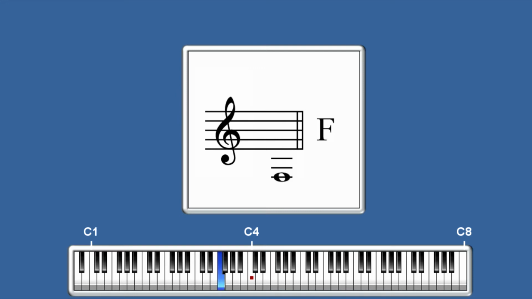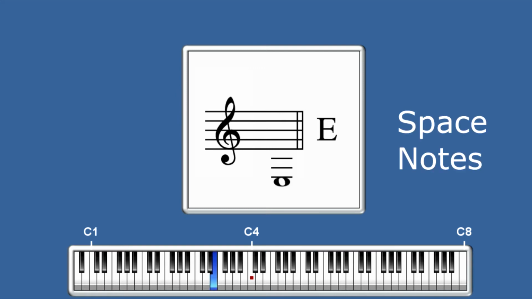So again, F, A, that's F3, A3, C4, E4, going up into the staff area. And then the notes in the spaces, E, G, B, then D, and then if you wanted to add F, you could do that as well to finish it out. That's also in the staff.